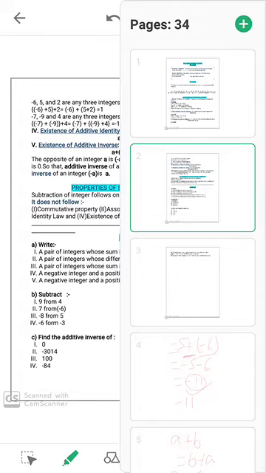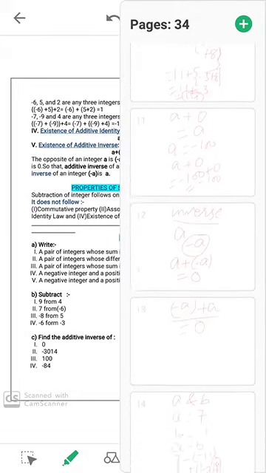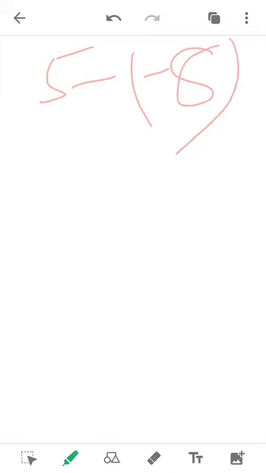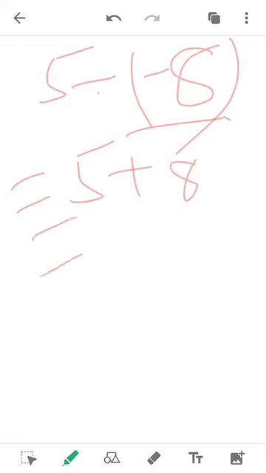Minus 8 from 5. We subtract minus 8 from 5. 5 minus minus 8, that is 5 plus 8, is equal to 13.